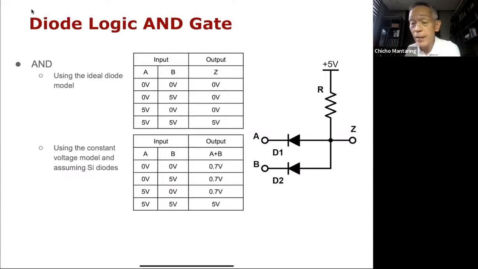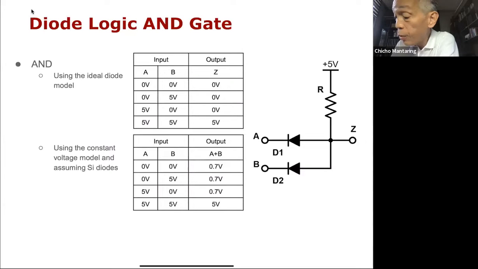Now the AND gate. Okay, this is your diode logic AND gate, 2-input AND gate. Again, it is inappropriate to use the ideal diode model, because your diode voltage is comparable to your input voltages. So what you should use is the constant voltage drop model. Okay.